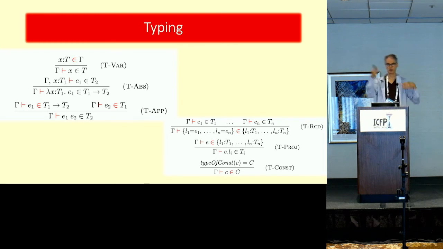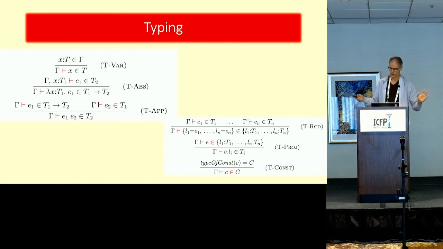Find a type for the function, find a type for the argument, make sure that the type of the argument matches the left-hand side of the type of the function, and the type of the whole thing is the result type of the function. Record types, find the type of each component of the record and squish them all together into a record type. Projection, find the appropriate field type. And then we need some function, I've called it type of const here, for looking up the types of constants.